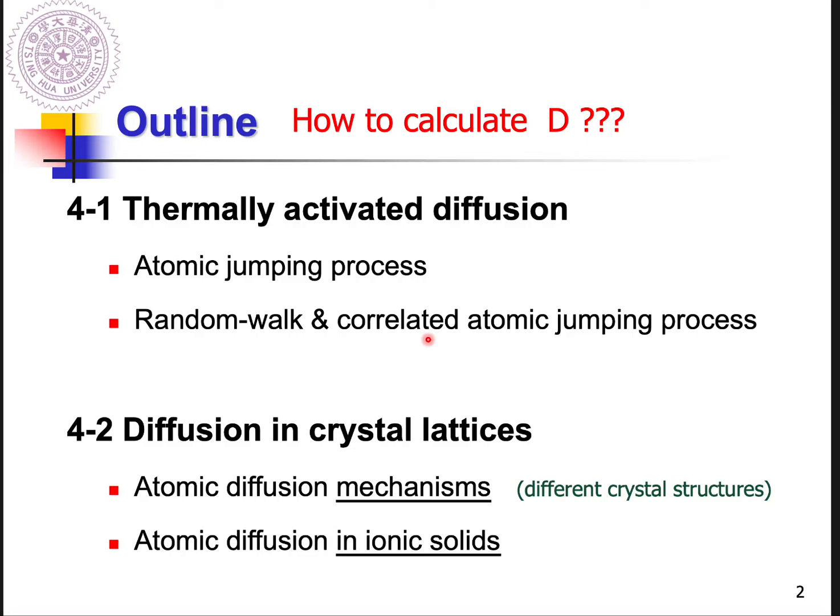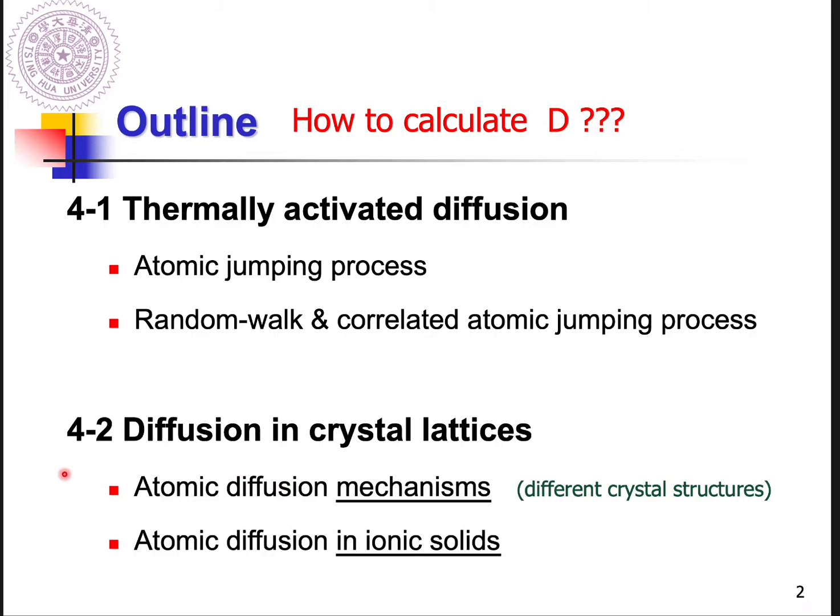This kind of jumping process is a correlated atomic jumping process, because the only way for these atoms to move or diffuse is through exchanging position with surrounding vacancies. So you need to have a vacancy, then these atoms can jump. This is a case of a correlated jumping process.